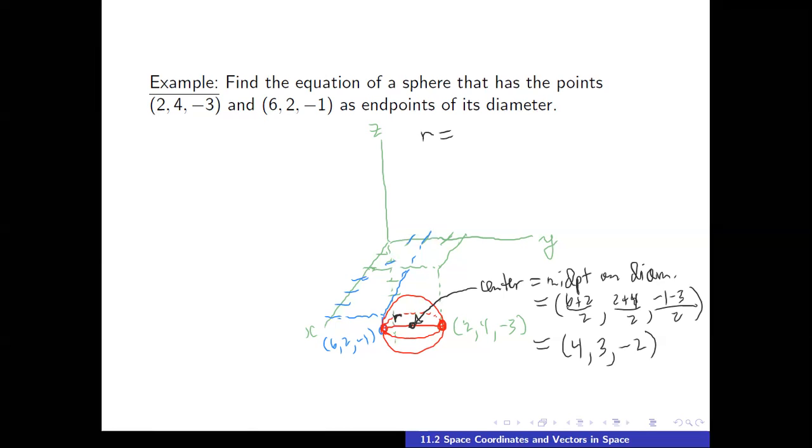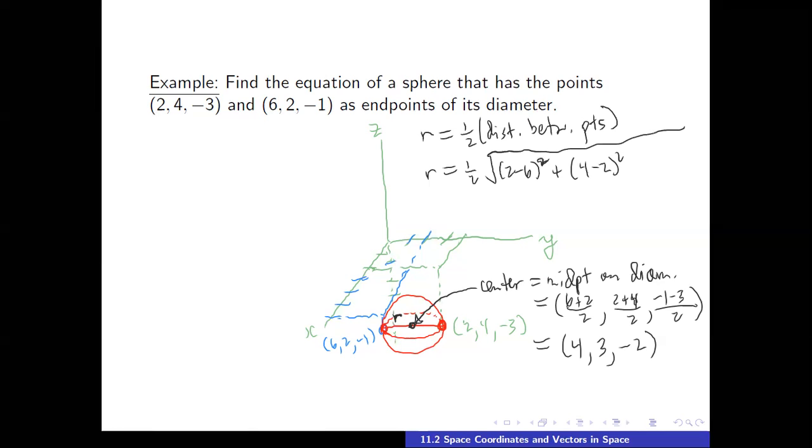Okay, so the radius is going to be one half of the distance between the 2 points. Okay? So the radius is going to be one half the square root of the difference in the x coordinates squared. Okay, so 2 minus 6 squared plus 4 minus 2 squared.